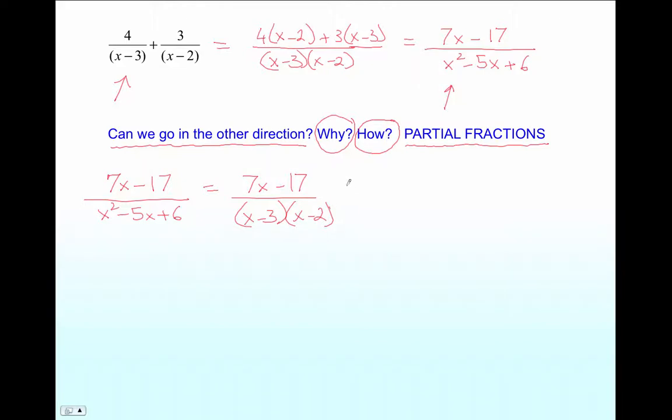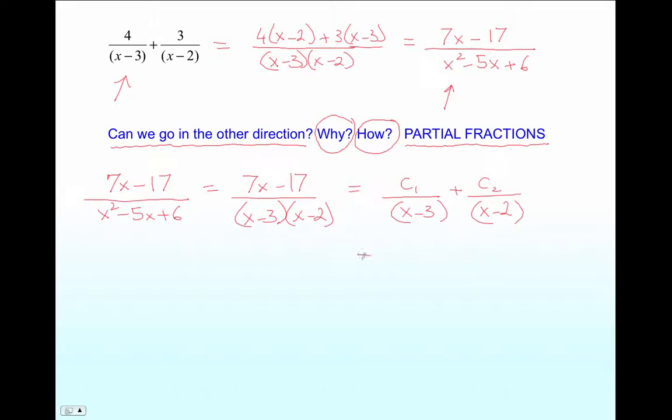And so what we would now like to do is write this in the following form. As some constant, let's call it c1, divided by x minus 3. So one of the two factors, doesn't matter which order you write it. And then some other constant c2 divided by x minus 2. So we are now in a situation where we have two unknown constants, c1 and c2.